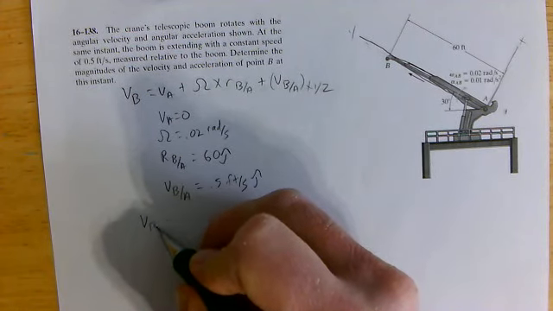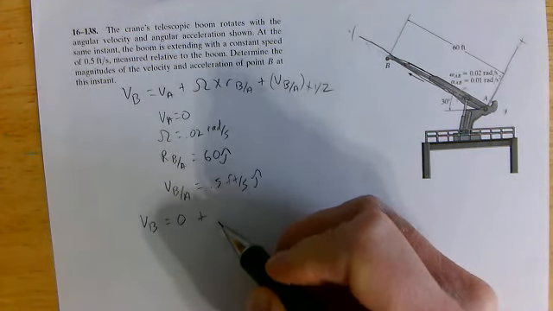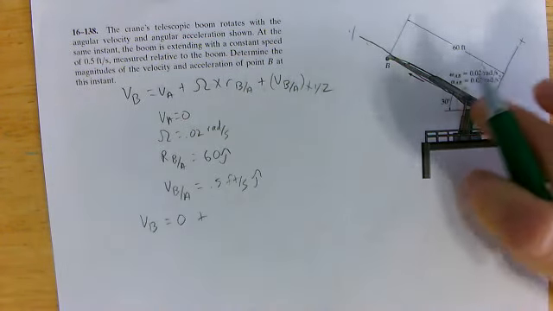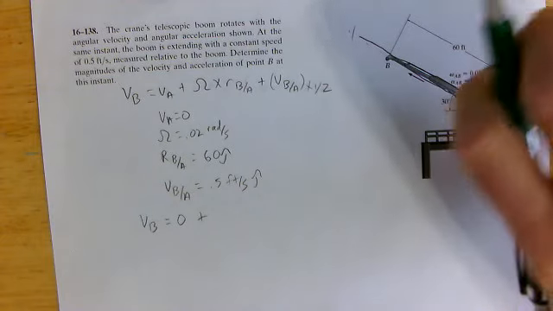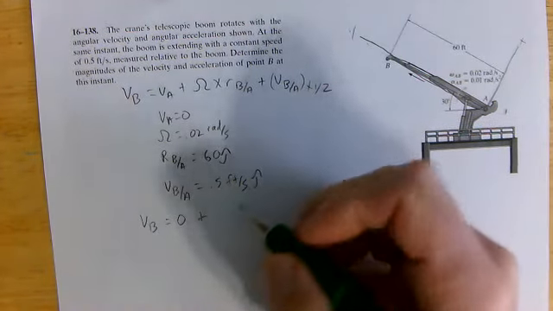So VB equals 0 plus omega. Now omega is rotating this way, so it's going to be in the negative K direction.